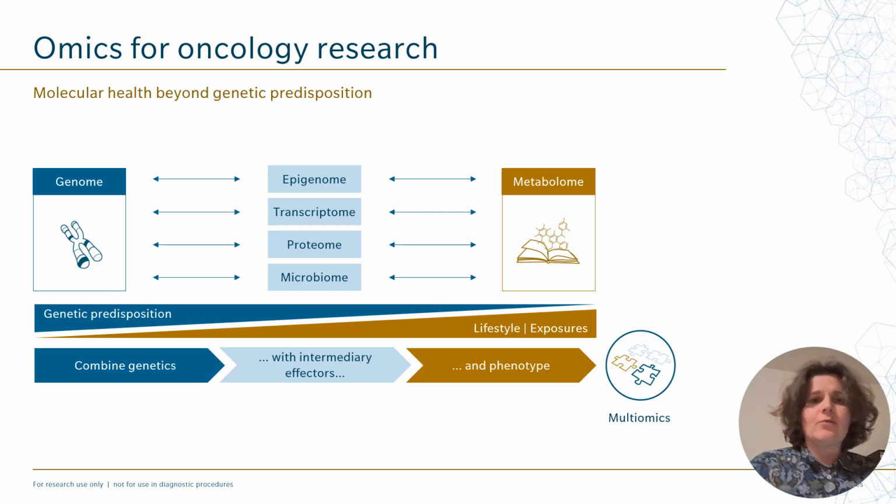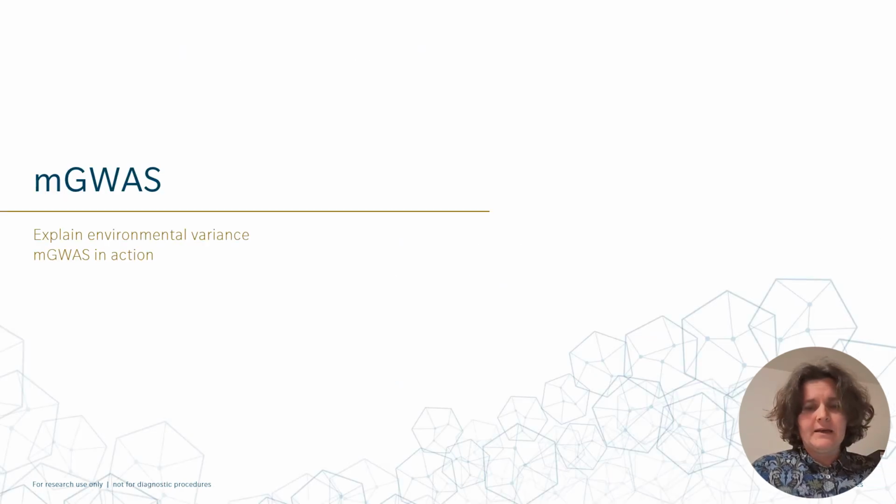If you're interested to learn more about how to do this, I will get back to this towards the end of the presentation. But first, I want to look into the specific combination of metabolomics and genomics that combines information on genetic predisposition and phenotype.